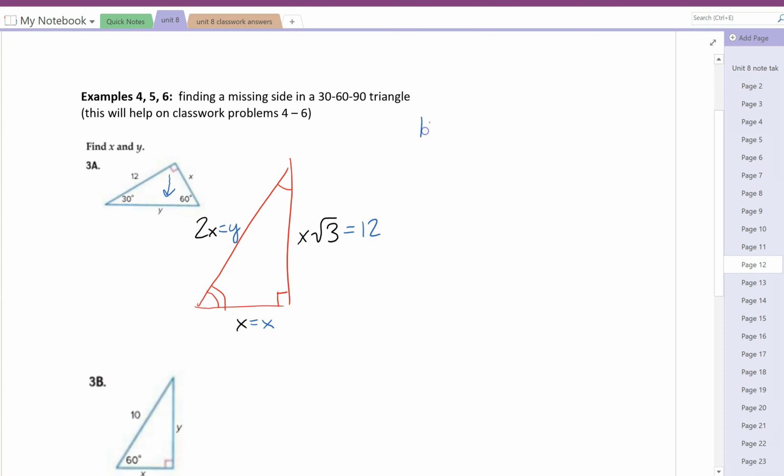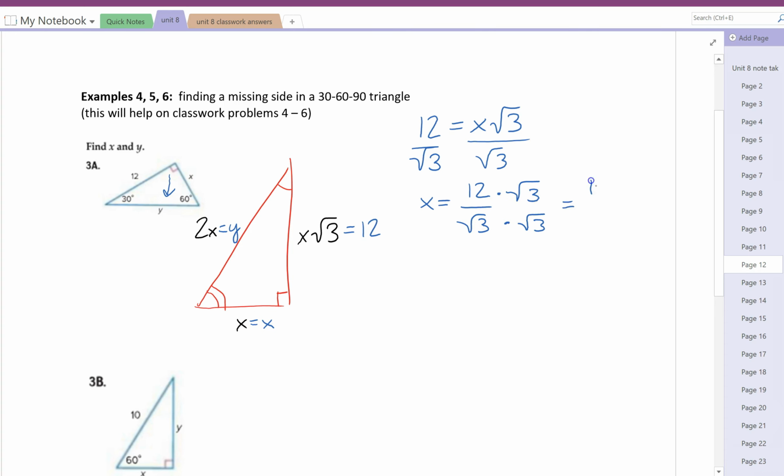So I'm going to say 12 equals x times the square root of 3. If I want to get x by itself, I'm going to divide both sides by the square root of 3. So x is going to be 12 over the square root of 3. I don't want to leave a radical in the bottom of a fraction, so I'm going to multiply.